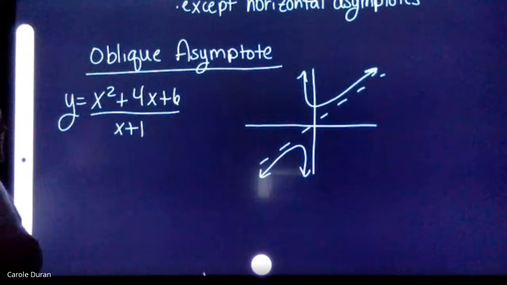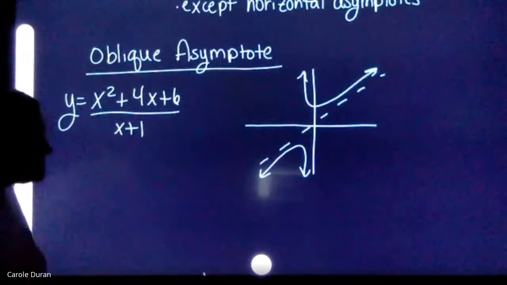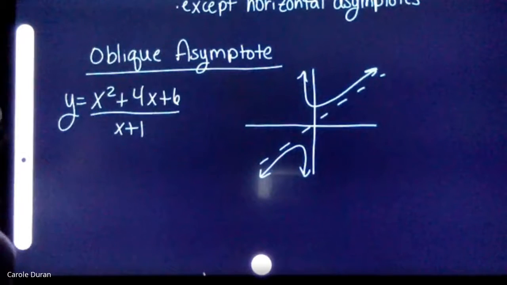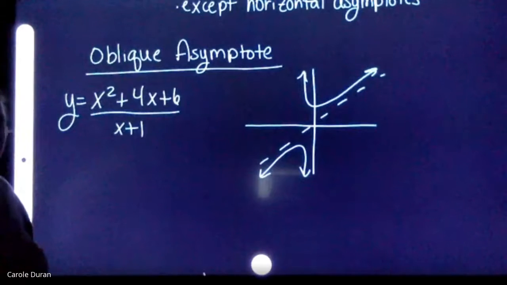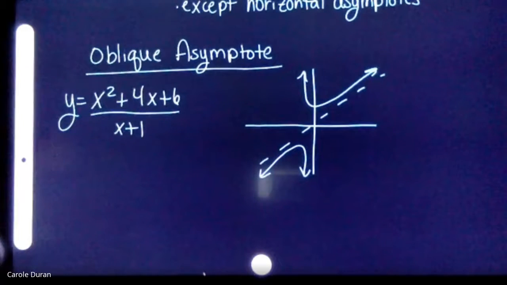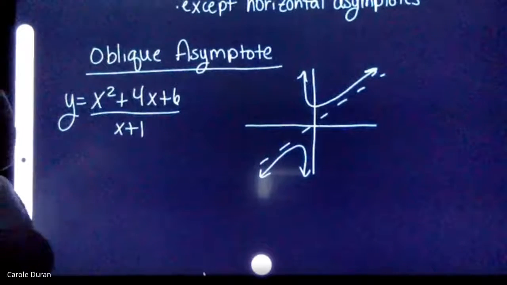That's what oblique means. Which means I can't just write the equation for that asymptote as x equals or y equals some number. It's going to actually be some line. So it's going to look like y equals mx plus b, kind of. But it's kind of hard to just eyeball it and figure out what that equation is going to be.